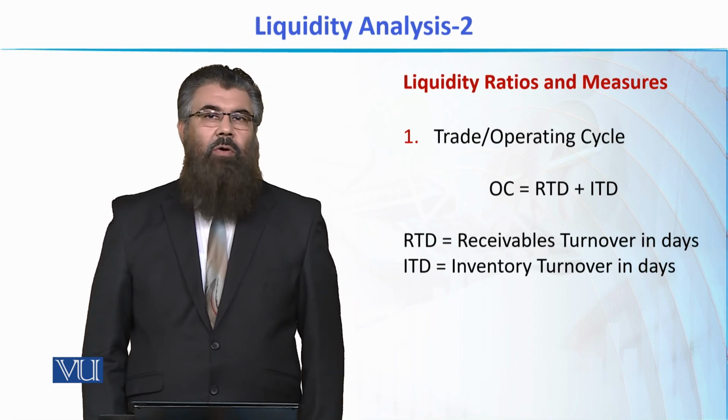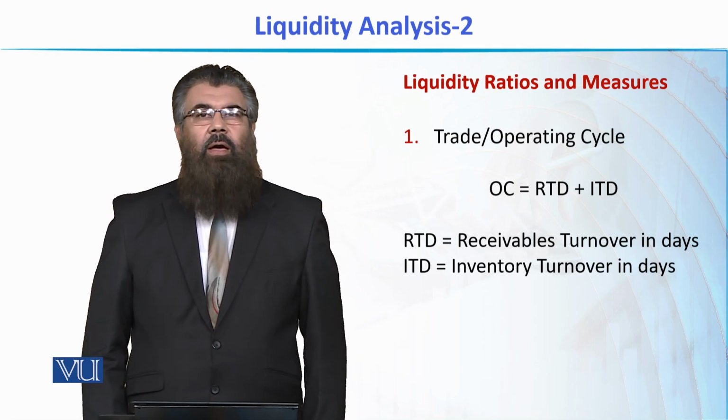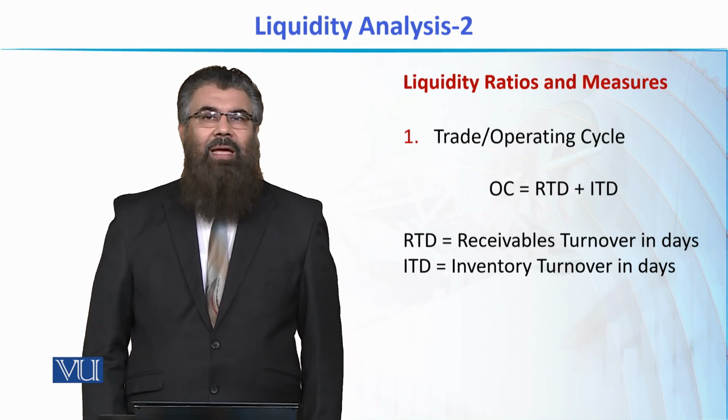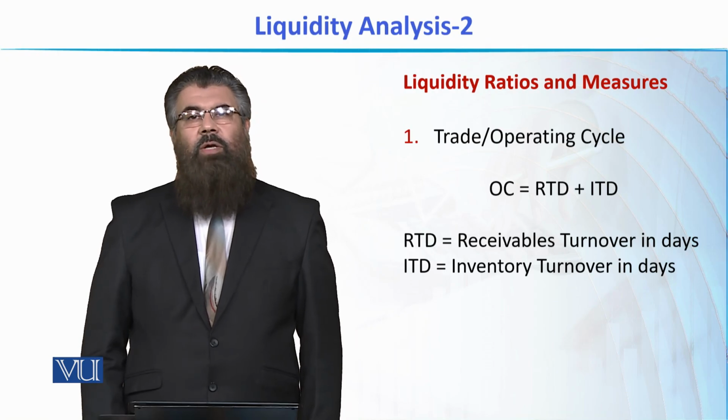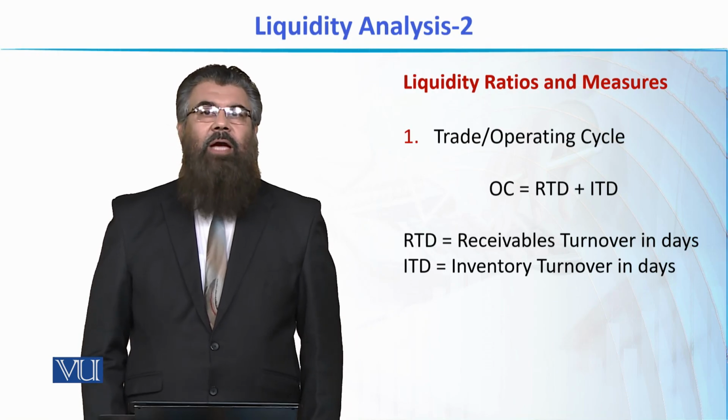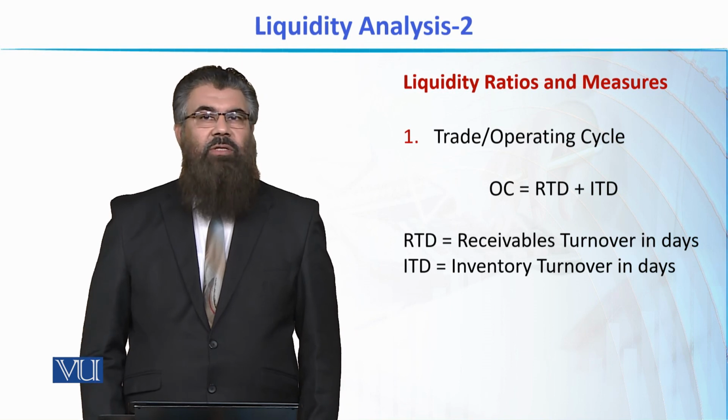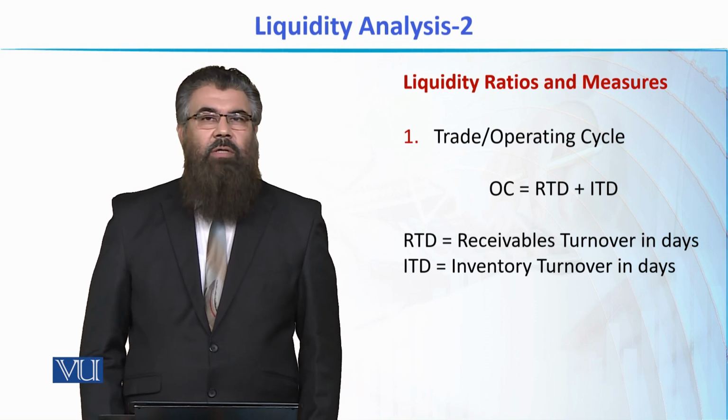And that is what is called operating cycle. In other words, we can say that for how many days the amount or the finances are blocked in our receivables and our inventory. The basic rule or principle is that we should have a quick cash conversion cycle. We should have a shorter operating or trade cycle.